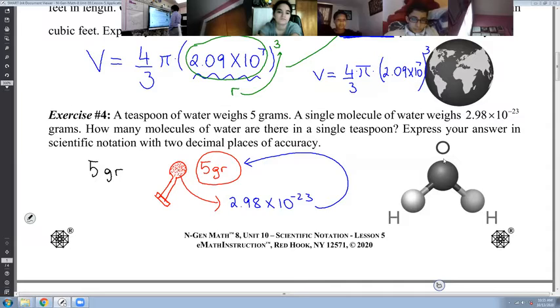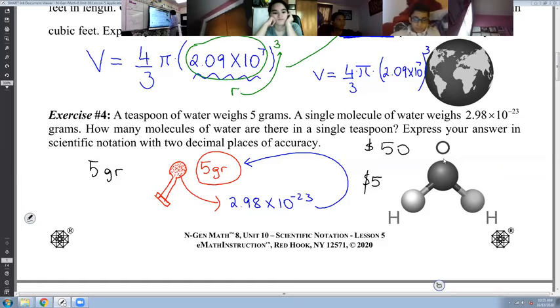Imagine you have 5 bills, $5 each, and in total you have $50. Your total money is $50. But you only have $5 bills. Does it make sense?